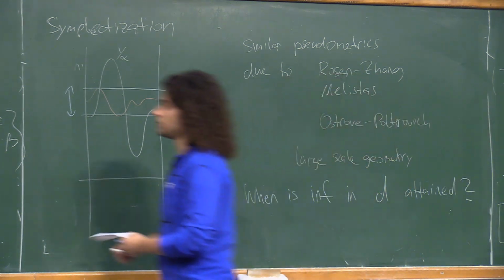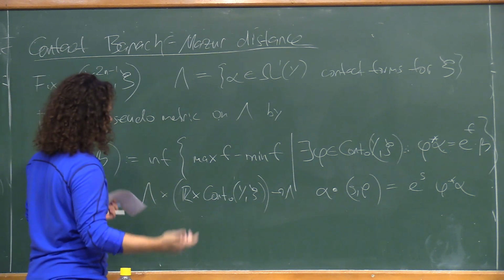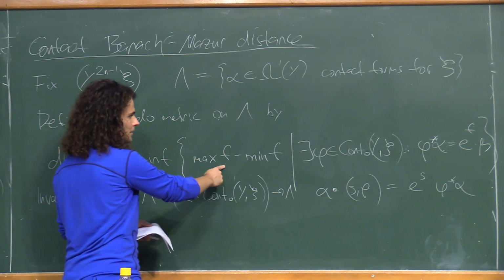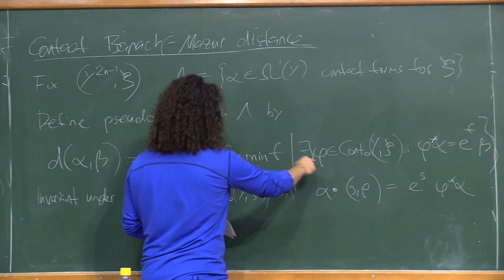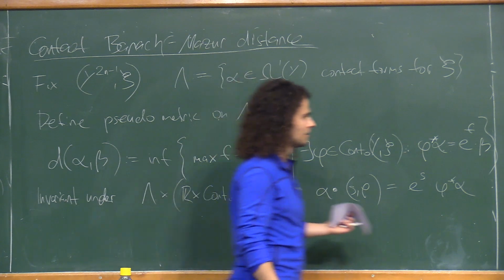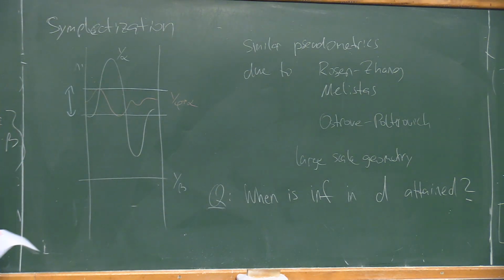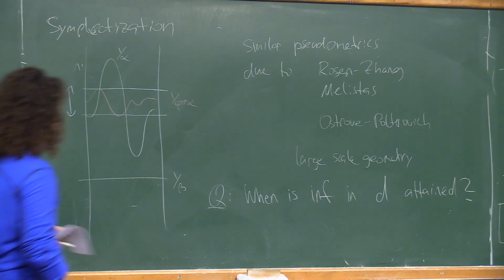So we fix two contact forms, then there's some infimum, and it can happen that the infimum actually is attained by some choice of phi and f, and sometimes maybe not, and we're interested in when that happens and what it means. So it turns out that that's the important question to ask here.